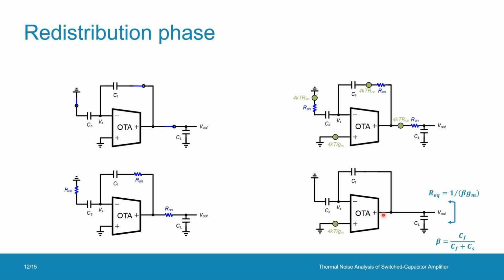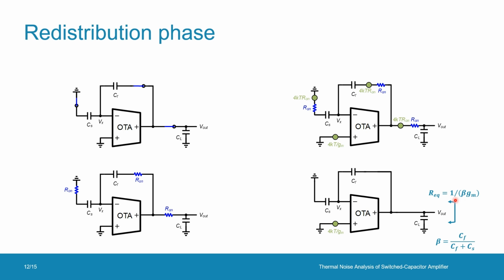Then REQ is VT over Gm beta VT, which becomes 1 over beta Gm, as shown here, meaning that the output resistance gets amplified by 1 over beta because of feedback. I say amplified because beta is less than 1.